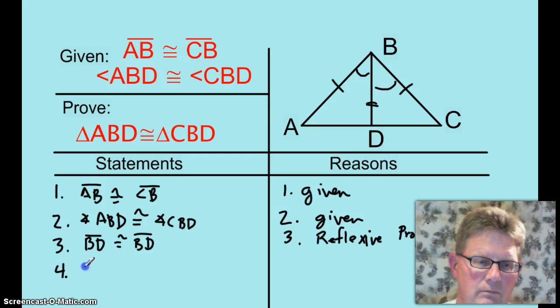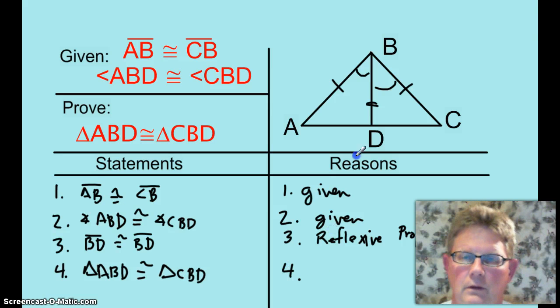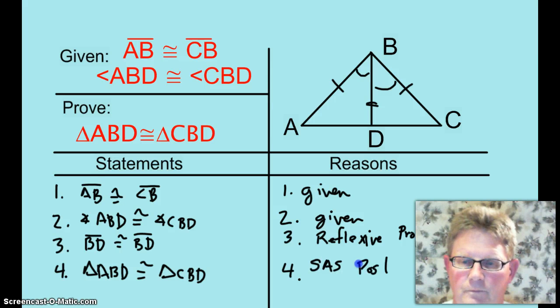Triangle ABD is congruent to triangle CBD. You've got two sides and an included angle. Two sides and the included angle. That's right. Side angle side postulate. And that's why the two triangles are congruent.